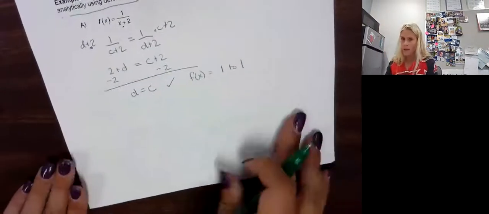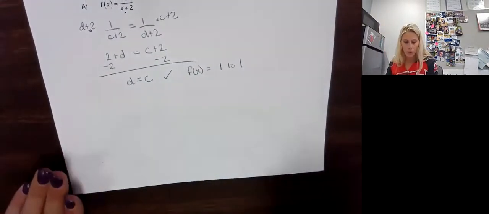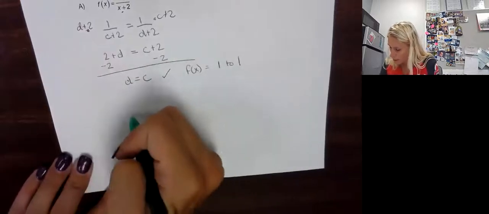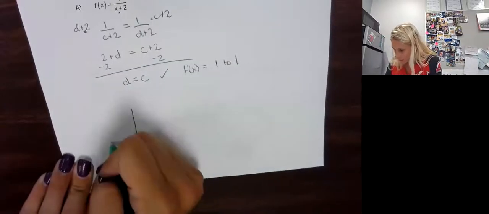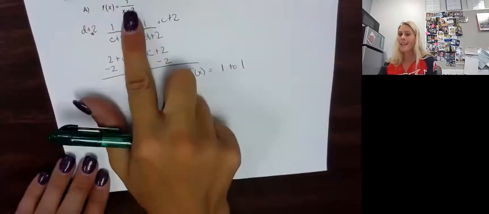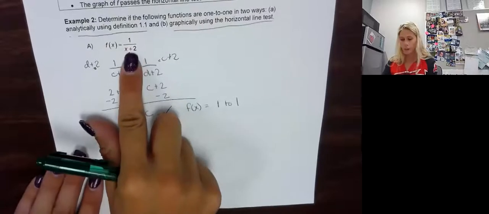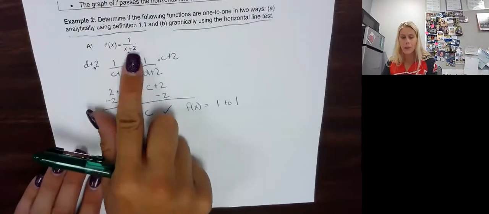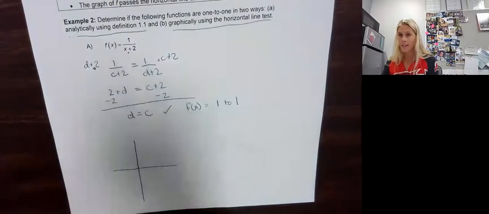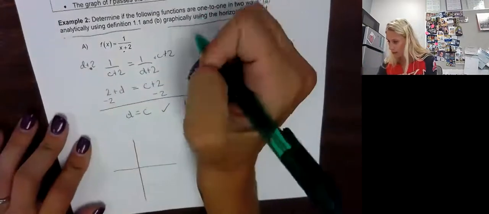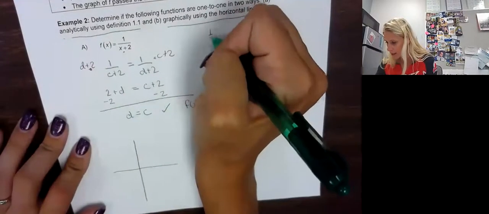Okay. Now I'm going to prove it to you graphically. On a graph, we know that this is a rational function and that x plus 2 is on the inside, on the inside of x, right? So think of the parent function as 1 over x.